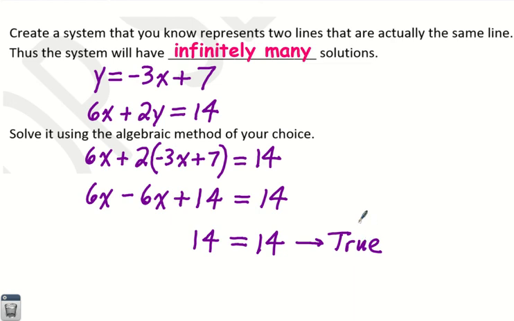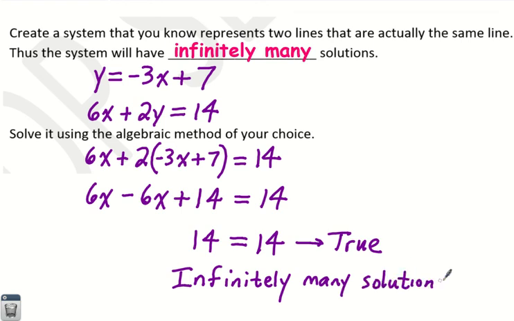And when you end up with the variable completely canceling out on both sides, and you end up with something that's true, that's where you conclude that there are infinitely many solutions. And again, if you had worked this around and used the elimination method, you still would end up with the variable totally going away and ending up with something that is true.